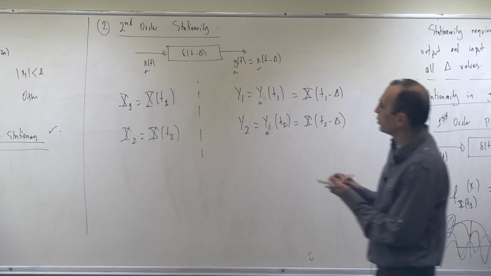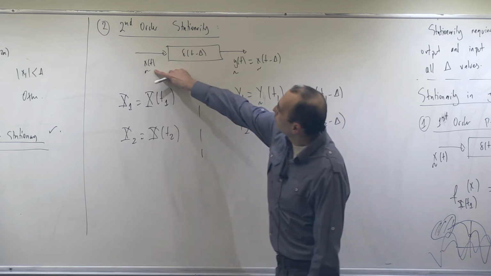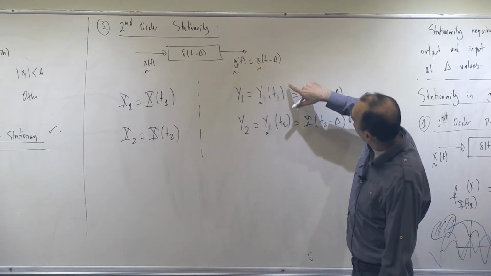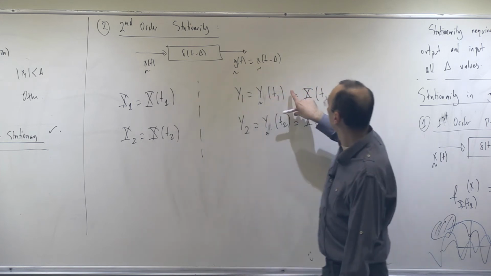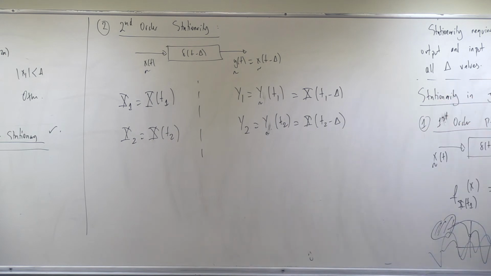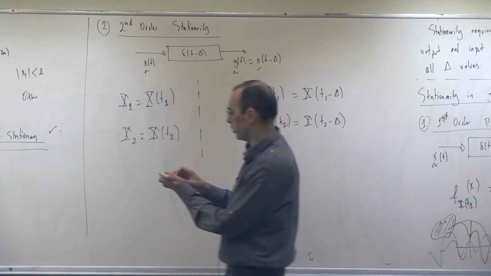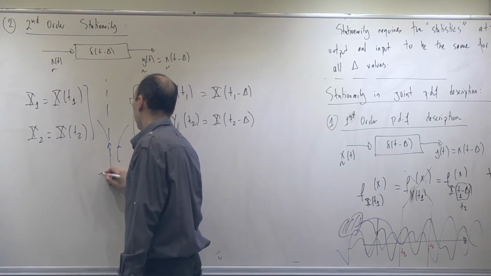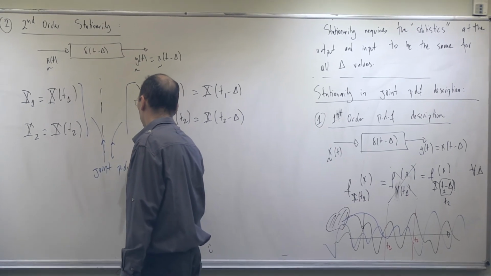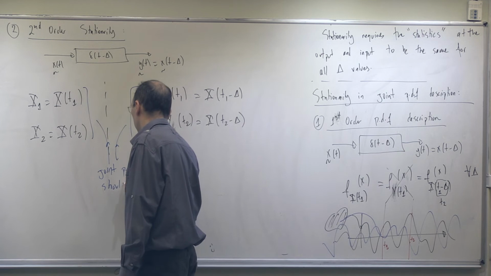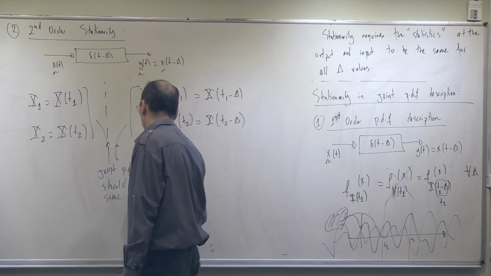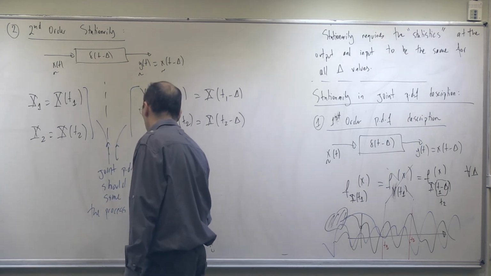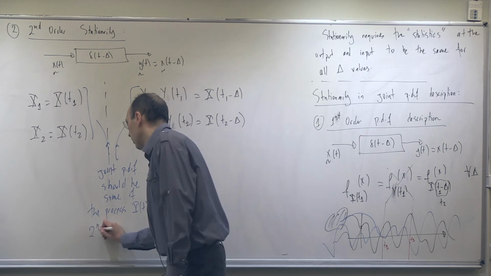So what is the requirement for stationarity? I haven't used anything right now. The input process is x. Forget about this connection. There is another process called y. I sample it at the same time instances. So if there is some stationarity, now this claim: the second order statistics, their joint PDF, should be the same if the process x of t is second order stationary.